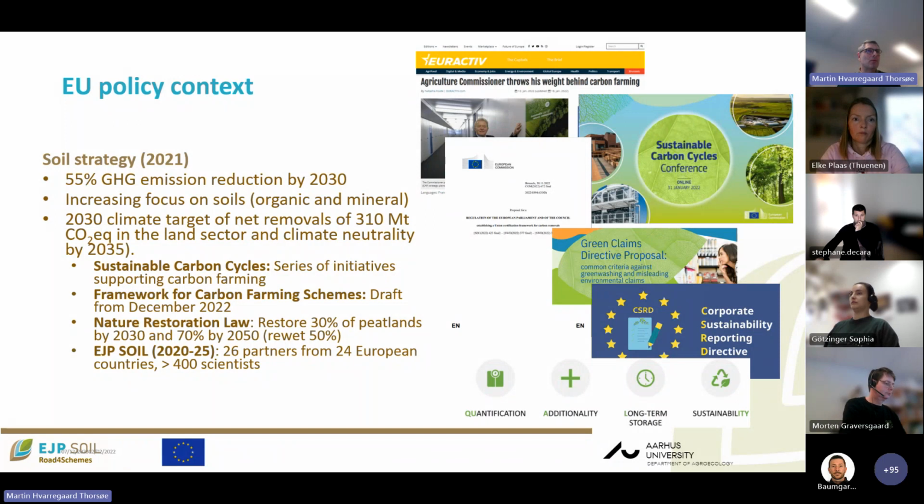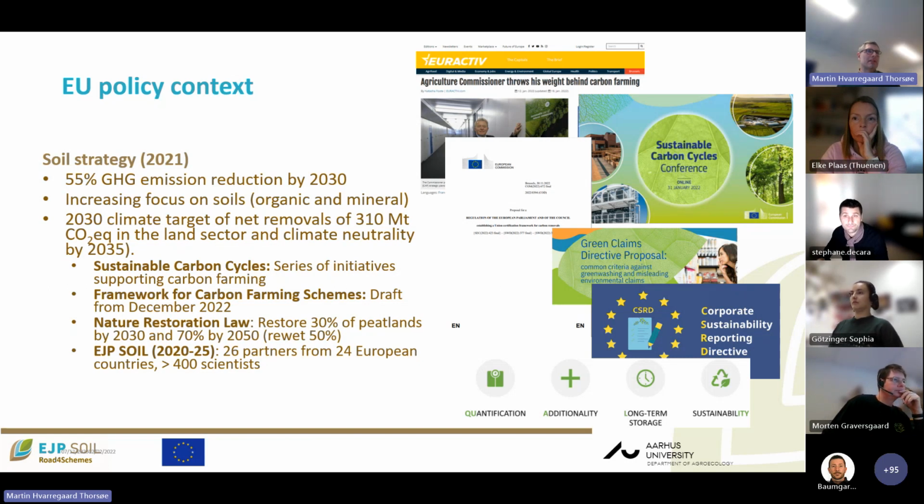And there's an increasing focus on soil in the strategy, both organic soils and mineral soils, and an objective of net removal of 310 megatons of CO2 equivalents in the land sector, and achieving climate neutrality by 2035. So it's an ambitious goal we have for the land sector in Europe. And it's also important that we consider how we can use farming and support our farming activities as a lever to reaching these goals.